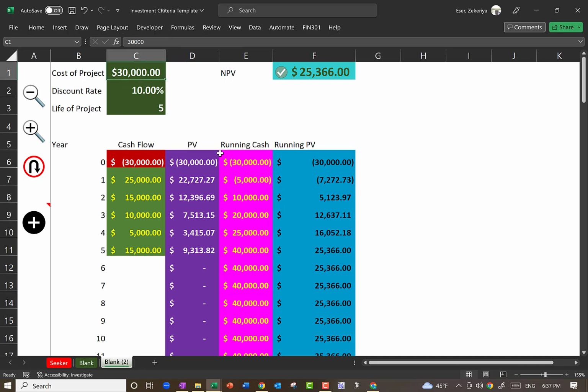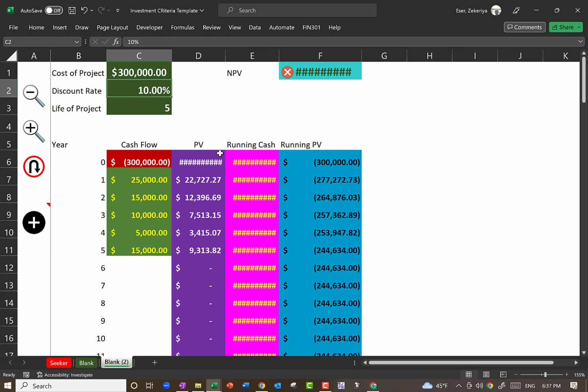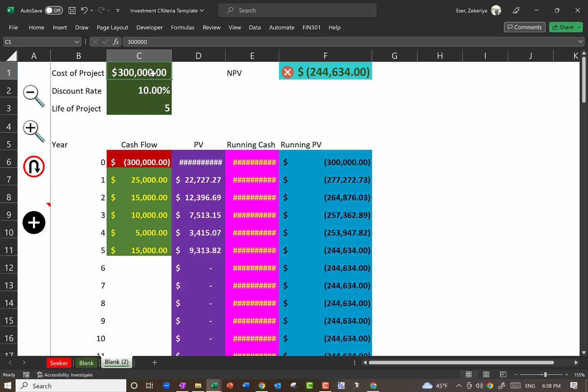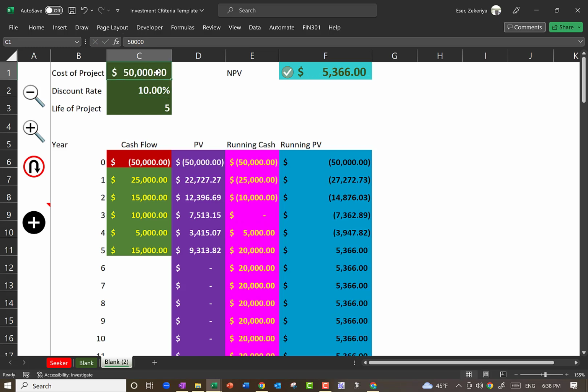All right, just for the hell of it, let's try 300,000. Oh, that was too big. As you can see, it's positive, but it's less than 1% of the cost of project. So it gives me a yellow light.